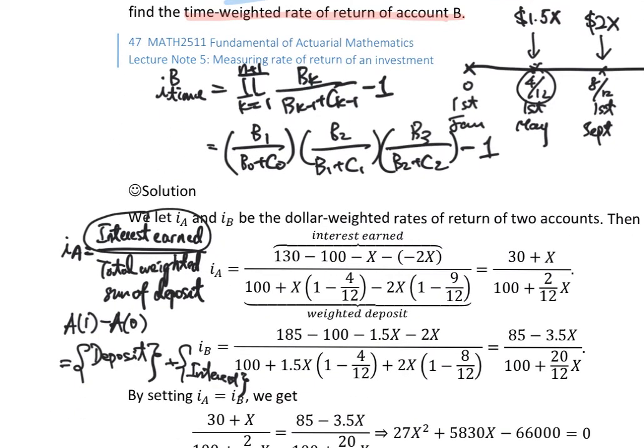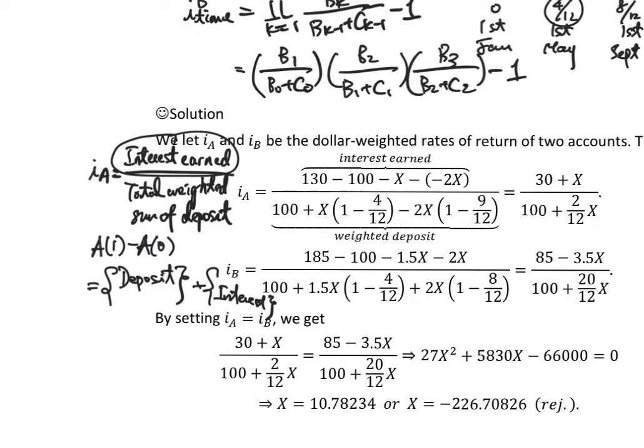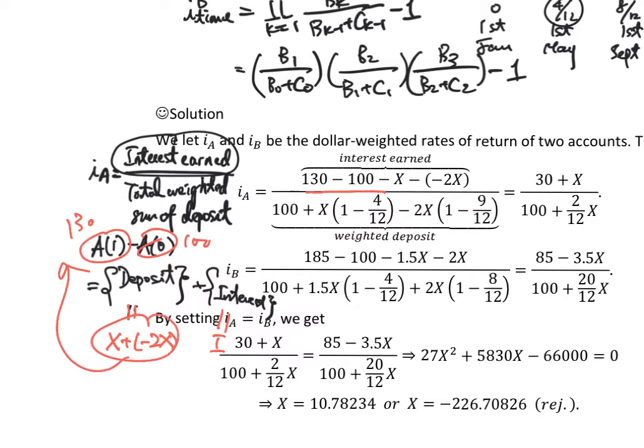So you get s plus minus 2s, and then this one is your I. Then A1 is 130, this one is 100. Then you put all these terms to the left, and that will be your numerator.